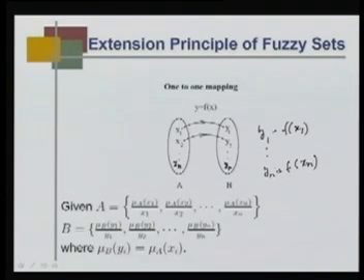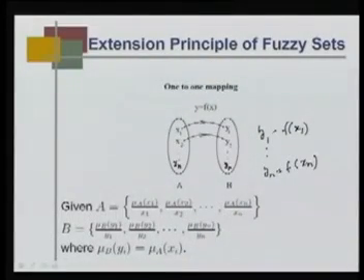So, this relationship is also valid, that means there is a relationship between the members of the set B and the members in set A in the form of y equal to f(x). Now we know that A is a fuzzy set, and B is a fuzzy set. The normal way they are represented is A is mu A(x1) upon x1, mu A(x2) upon x2, that means the members and the associated fuzzy membership function.